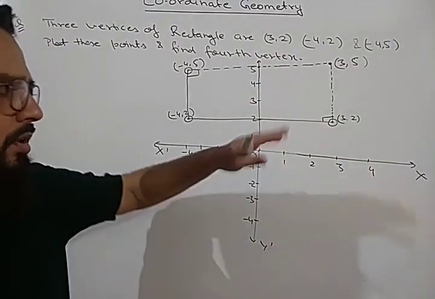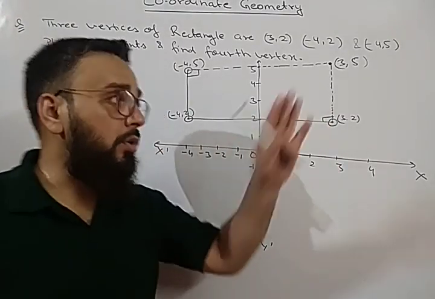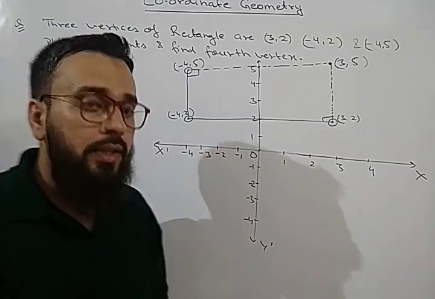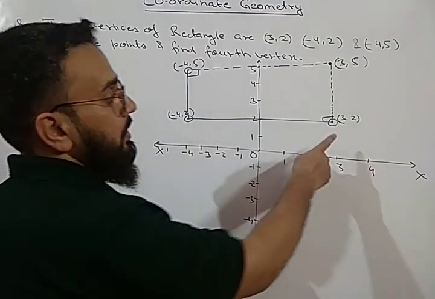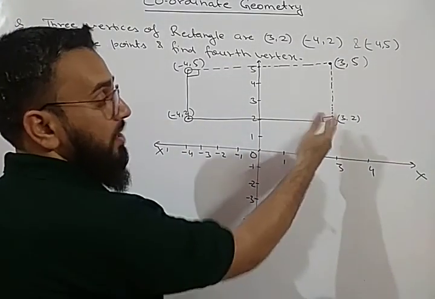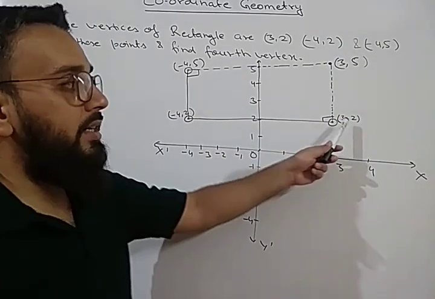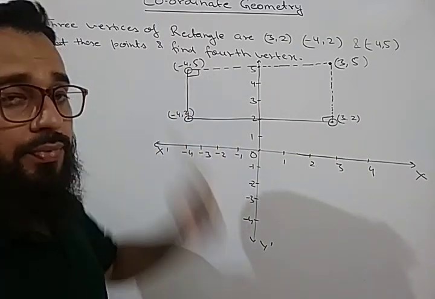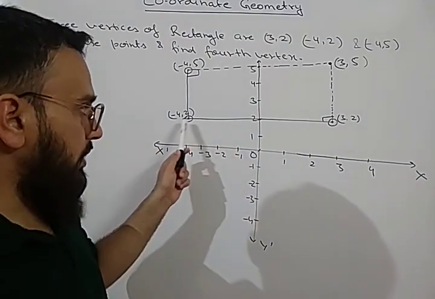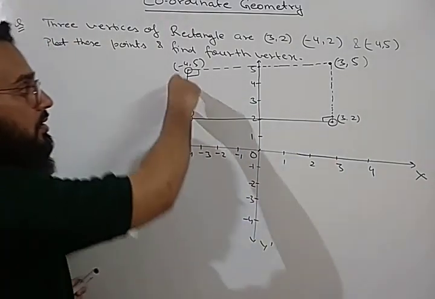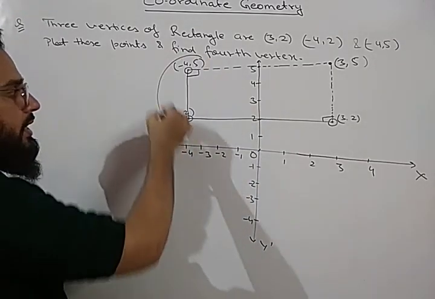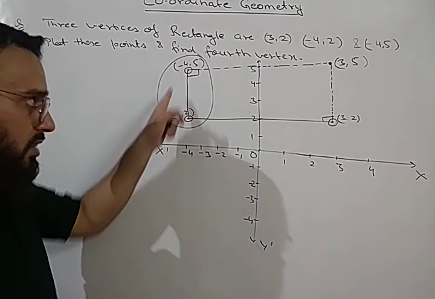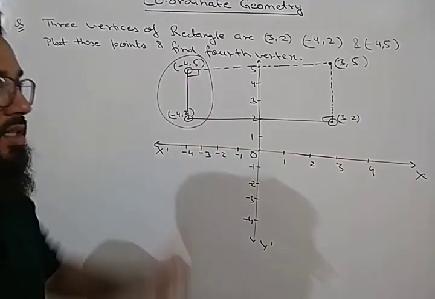Or if you do not have graph paper, and you have to find the fourth vertex without it, then how will you find it? On the positive x side the x coordinate is 3. This is (−4, 5) and this vertex is (−4, 2). If we see these two coordinates, the x coordinate is the same, both are −4, but the y coordinate is changing.